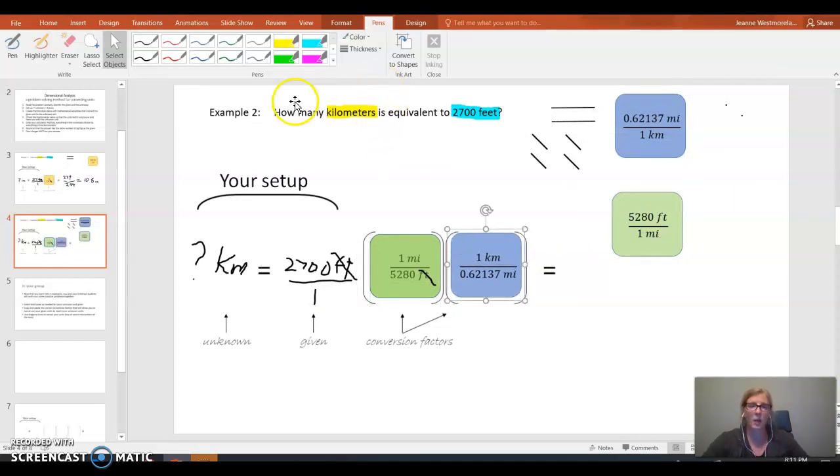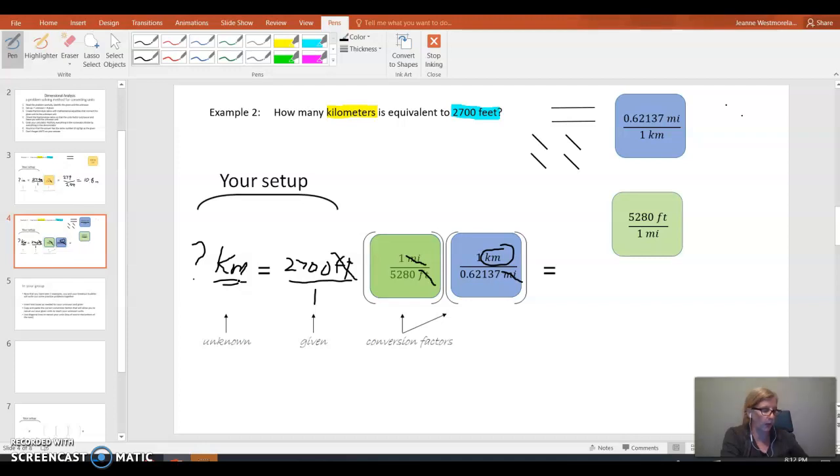And so if I choose that one, now the mile units factor out and I'm left with kilometer, which matches my unknown, matches where I'm headed for. The feet have gone away, the mile has gone away, I'm left with kilometer. And so now I need to multiply everything in my numerator, which is 2,700 times 1 times 1. We don't actually have to type the ones into our calculator. And then we need to divide by both 5280 and 0.62137.